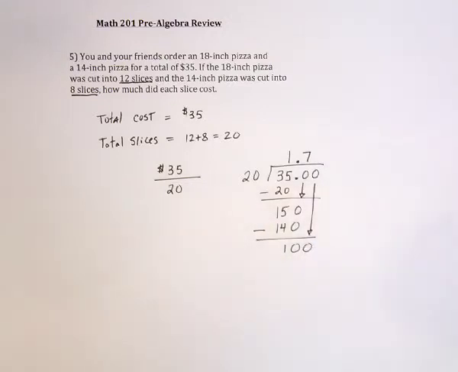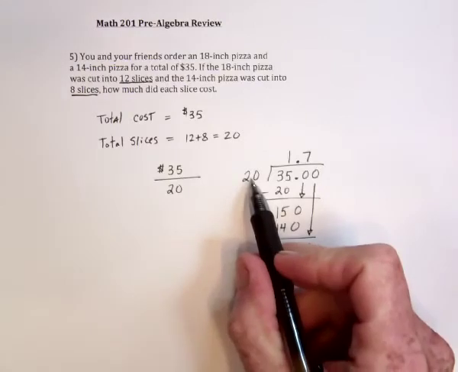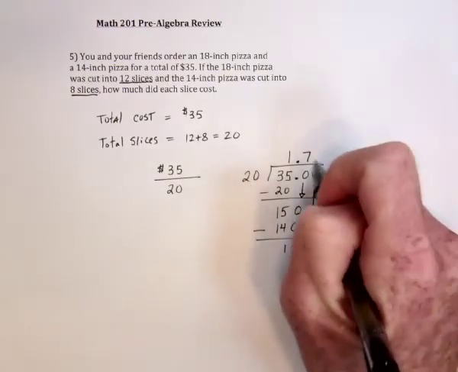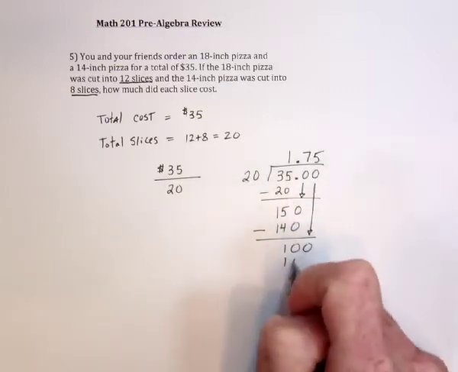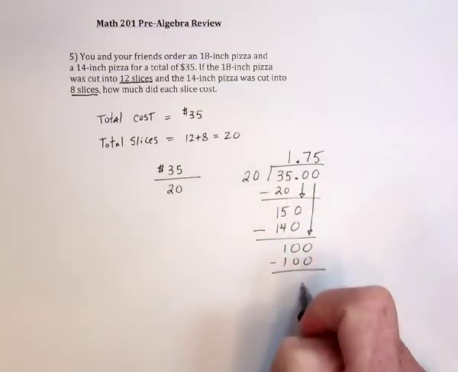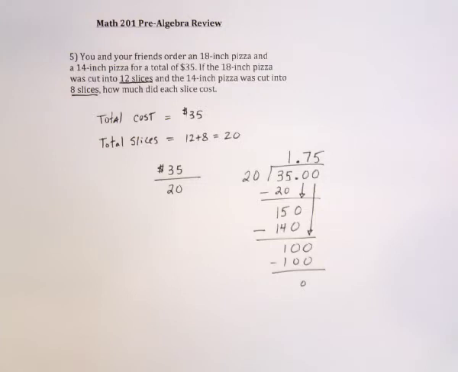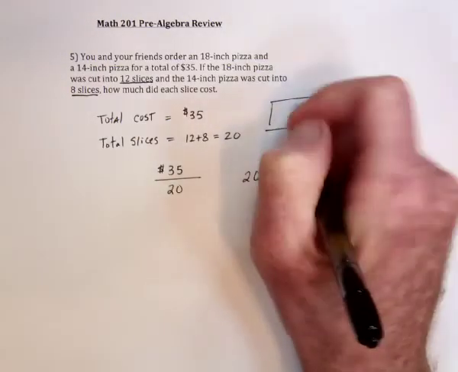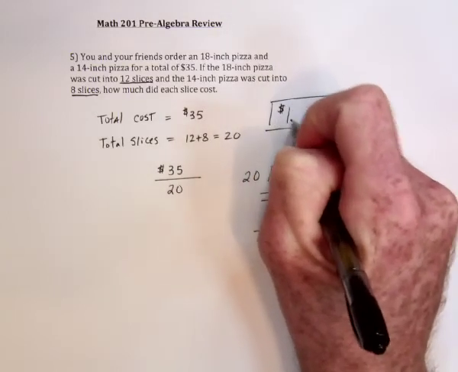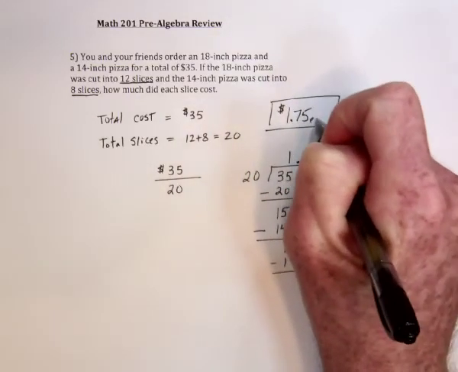So now we're dealing with 100. And that works out perfect because a 20 divides into 100 5 times. So when you multiply, it leaves 0 remainder. So the final answer is $1.75 for each slice.